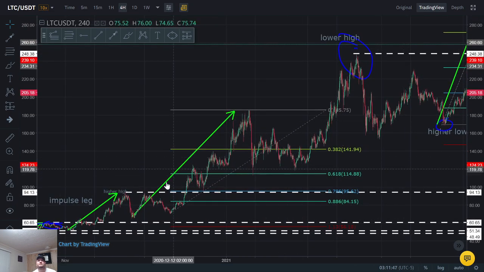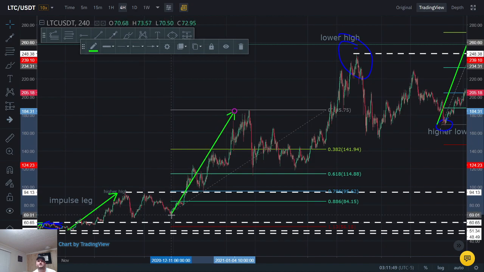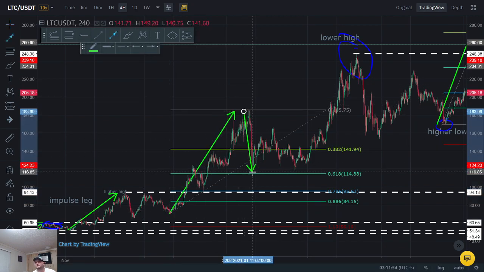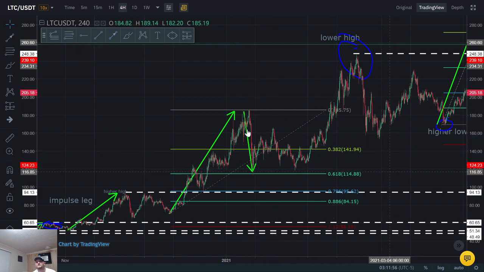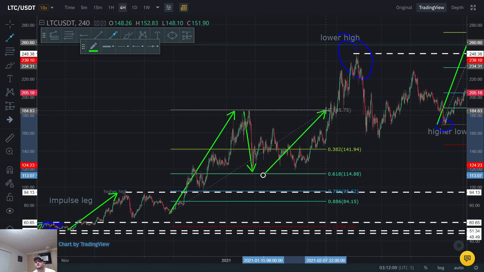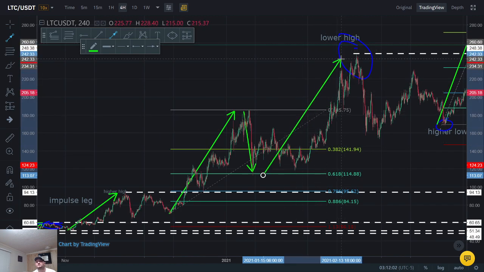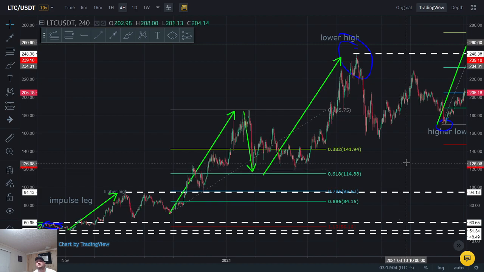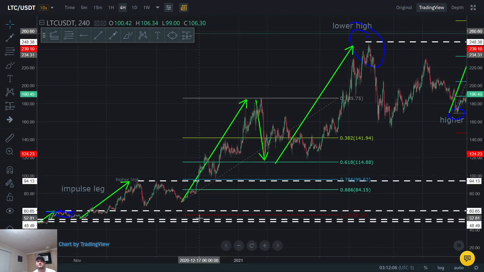So this would be considered their impulse leg. Price pulled back to the 61.8 Fibonacci level. Price pushed up to take profit 1. It pushed up to extensions. If I'm looking for extensions, this would be my impulse leg.